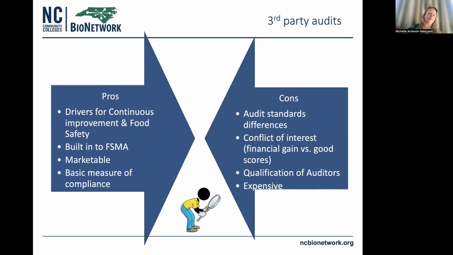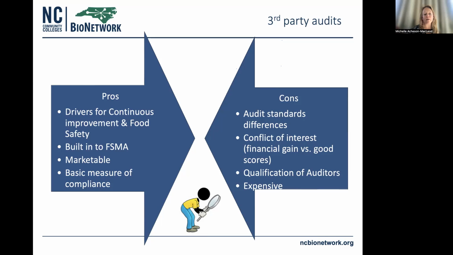Third-party audits. Now, for third-party audits, there's some really great things that we can gain from having these done. When somebody else is looking at your system, it gives you an unbiased view from another source that's well-versed in how this stuff is supposed to work. And so they can identify things that you might not identify yourself.